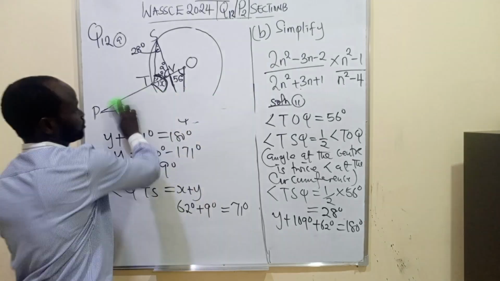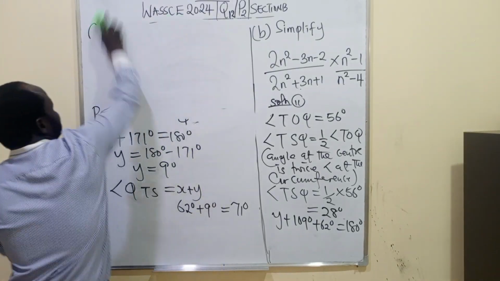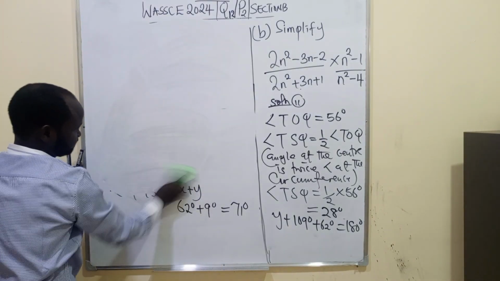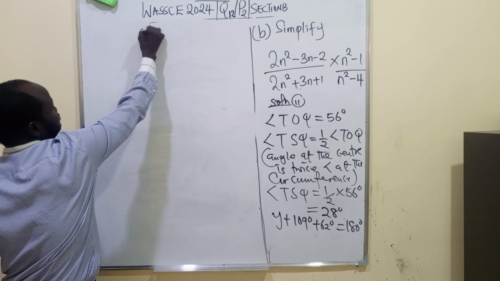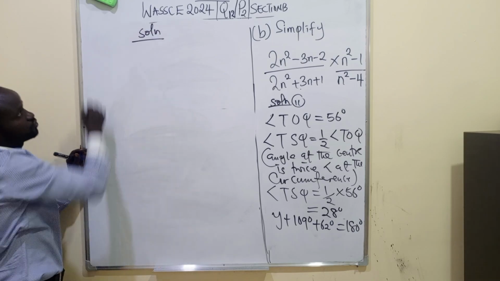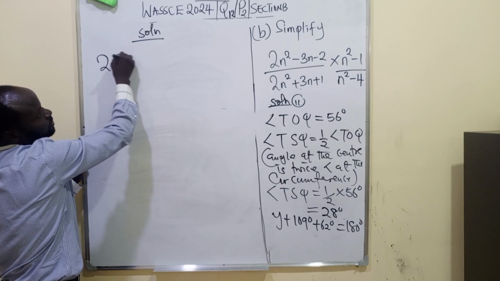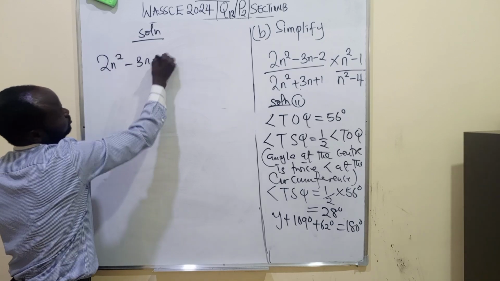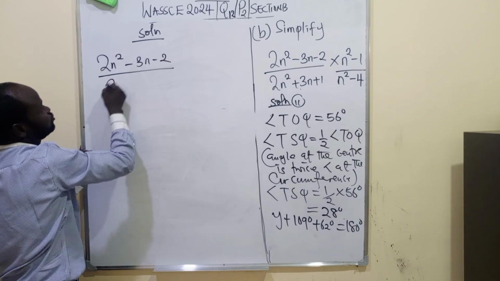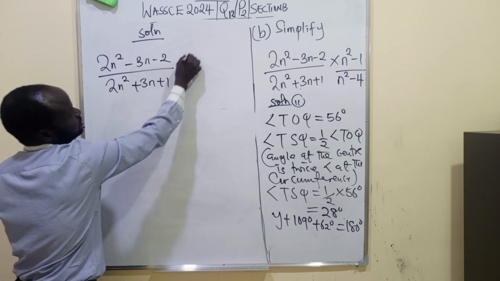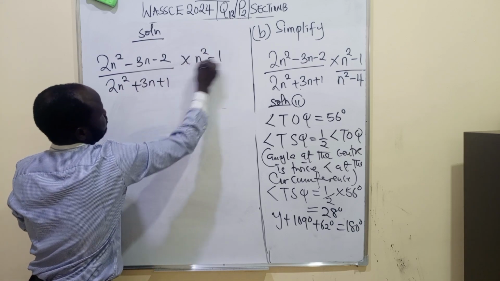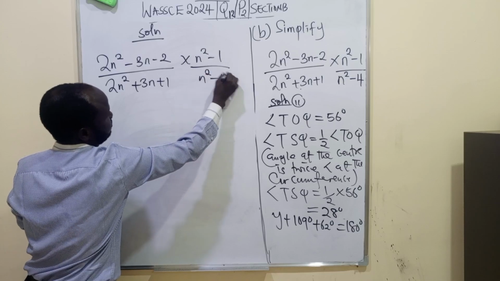Let's clean the question so that we can solve 12b. So the solution to 12b. The expression is 2n squared minus 3n minus 2 divided by 2n squared plus 3n plus 1, times n squared minus 1 divided by n squared minus 4.